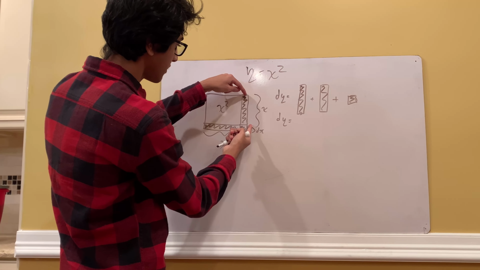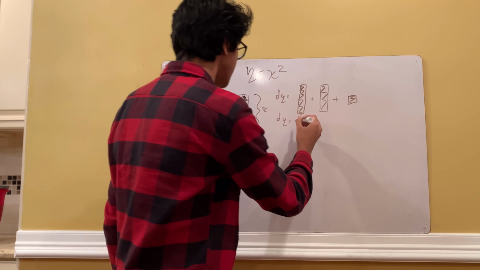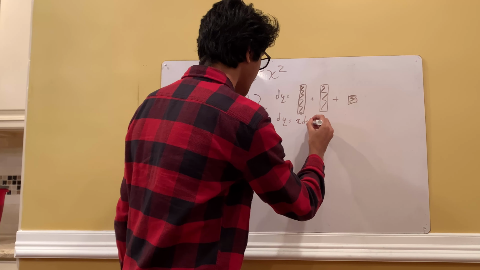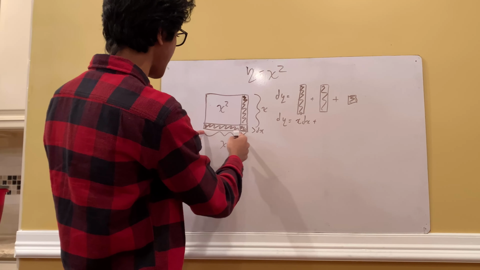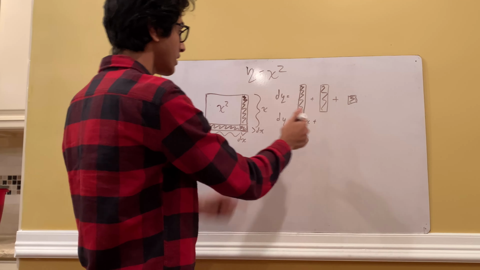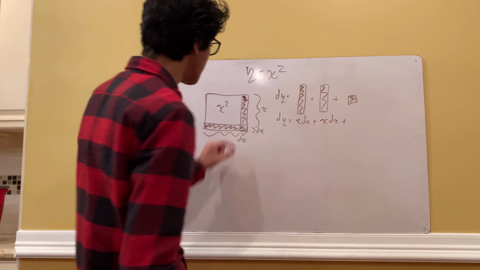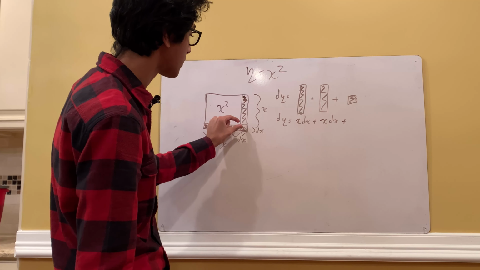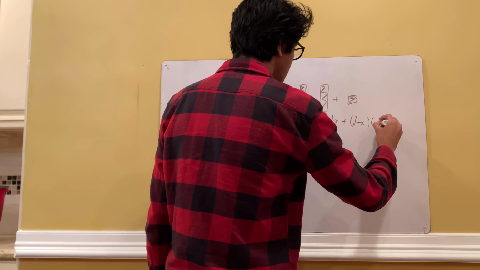The length is x. The width is dx right here. So it's x times dx plus this one is the same thing. It's x is the length, dx is the width. So x times dx plus this very, very small square right here, which is dx times dx.